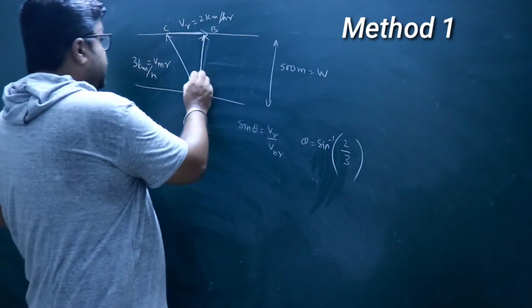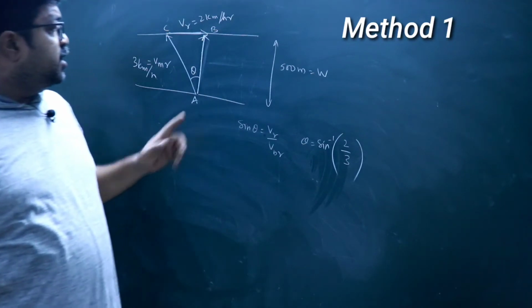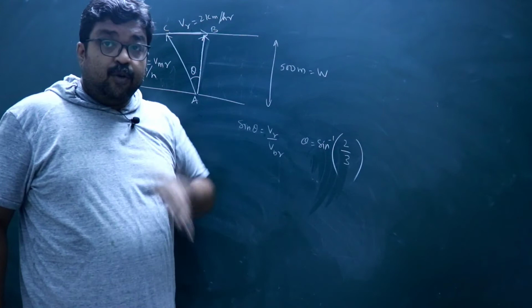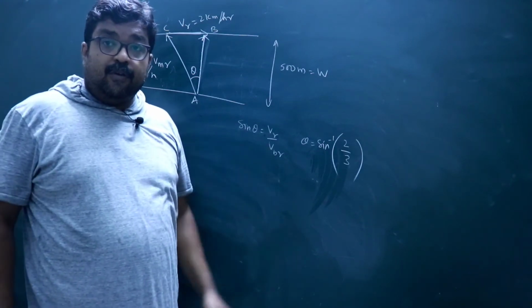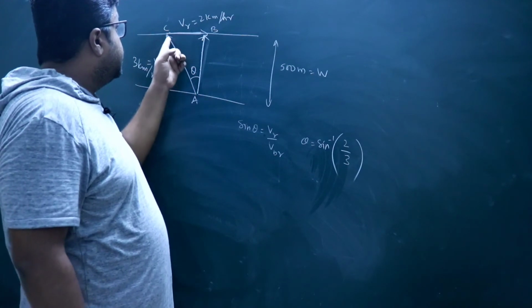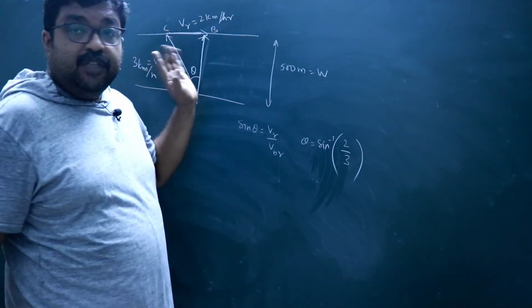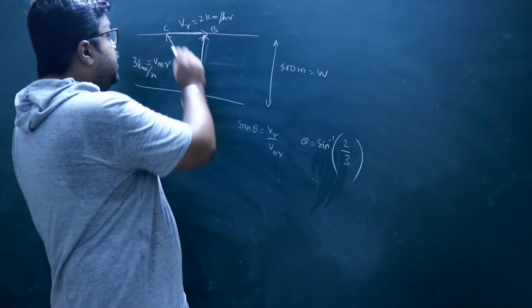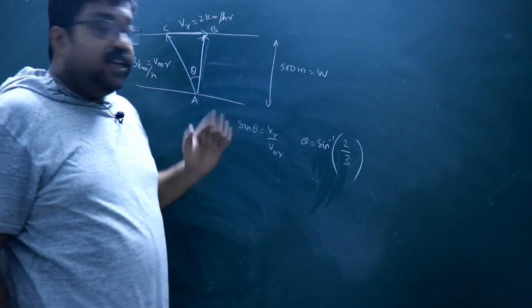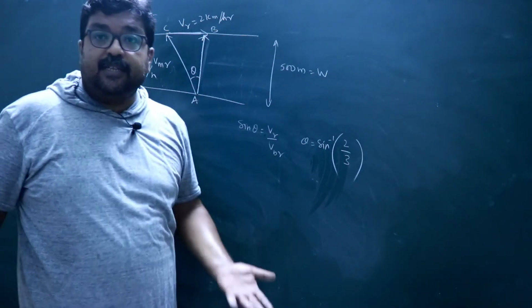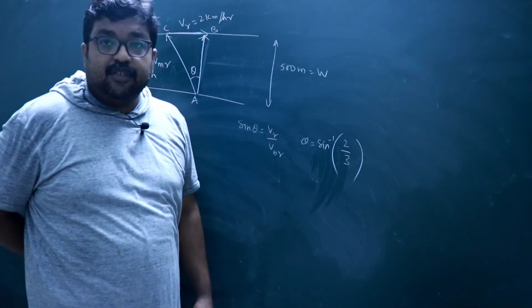So this angle is theta, and this will be the answer. Directly you can do it, but we are not going to solve it like this. This angle can be found because he is traveling in this direction and reaching straight across. So obviously this will be a right angle triangle, and we can find this angle using either sine function or cosine function. That is not a big deal.